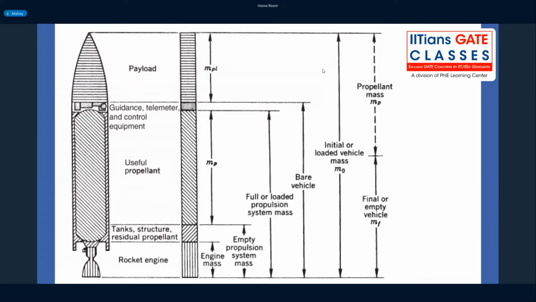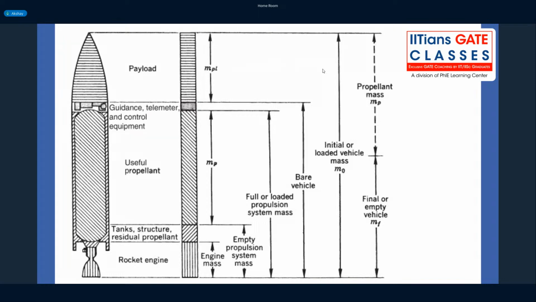The payload is something like a satellite, or for a manned mission it can be humans. The payload mass is what we want to take to some orbit, or beyond the atmosphere.